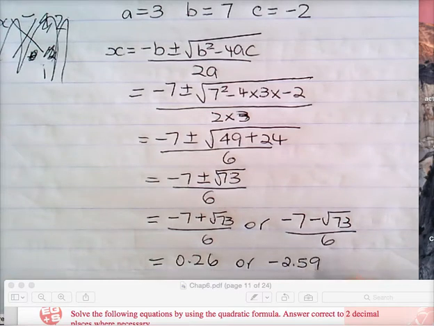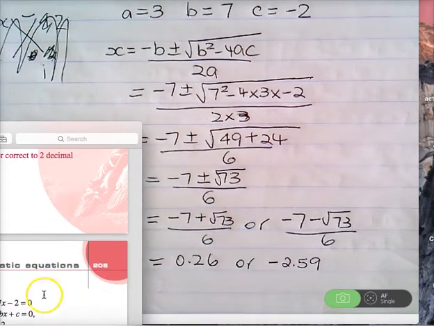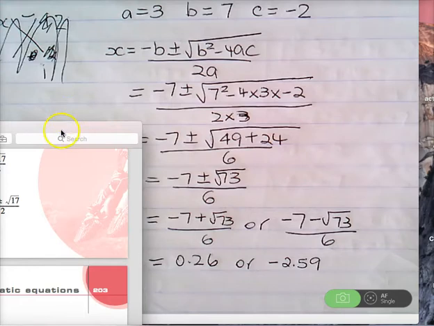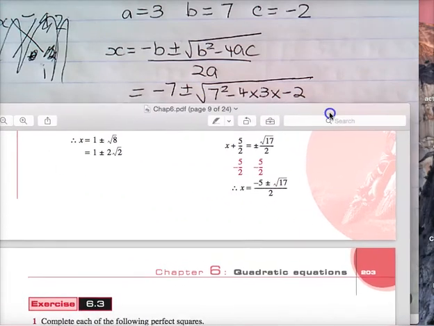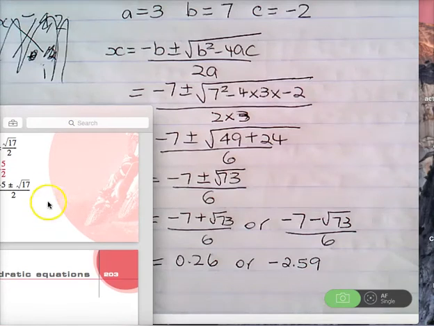Girls, make sure you do the top row and then divide by 6, or put it in brackets.